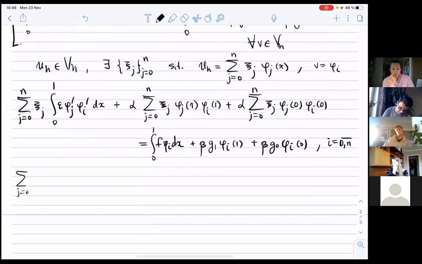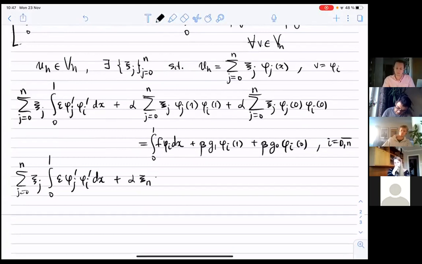So we write the sum j equals 0 to n psi j integral 0 to 1 epsilon phi j prime phi I prime dx plus alpha psi n phi n at 1 phi I at 1. So here I put I because there is a summation.